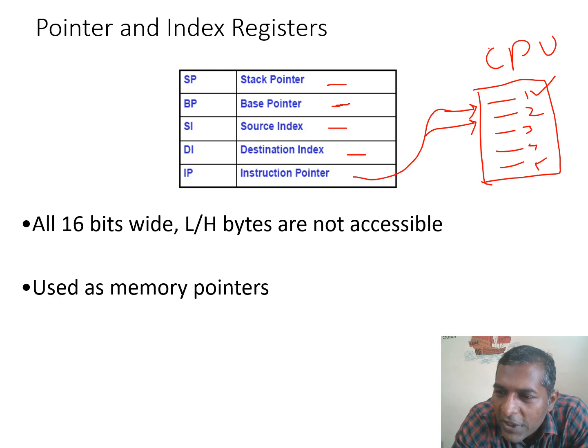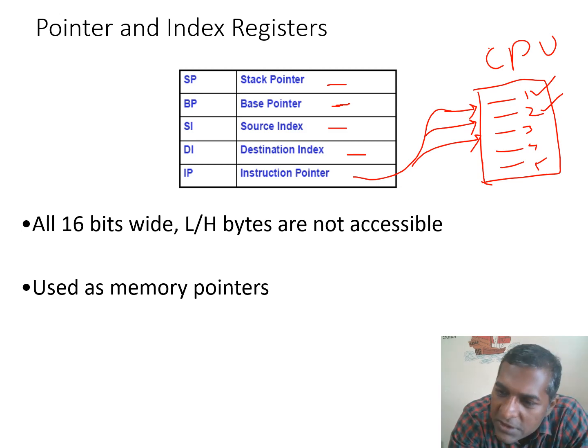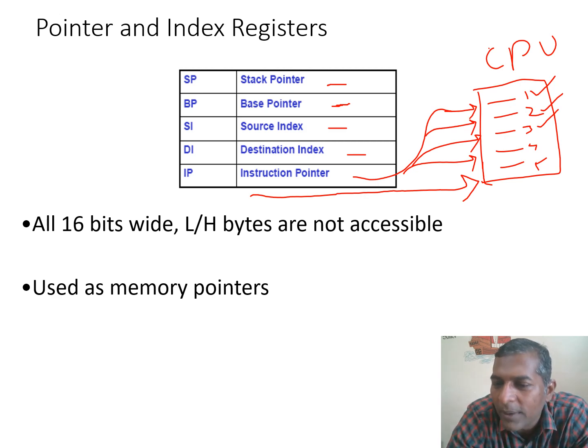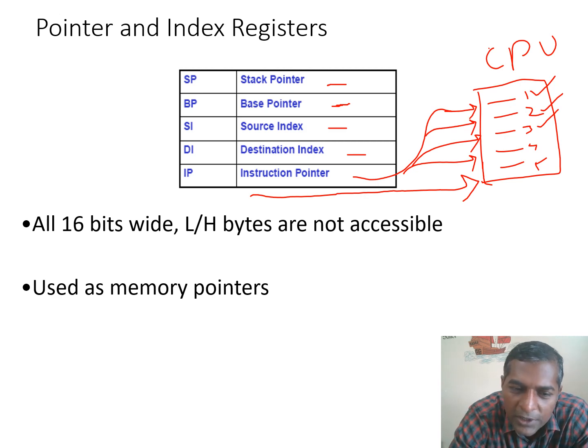When that is provided to the microprocessor for execution, it will start pointing to the third, and so on. So the instruction pointer always points to the instruction which is to be executed next by the microprocessor. This is the use of the instruction pointer.